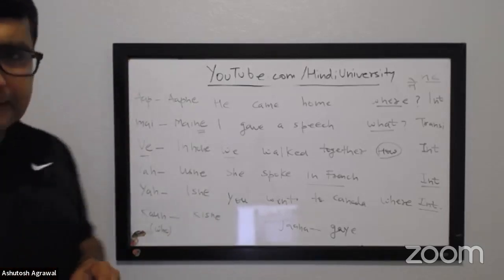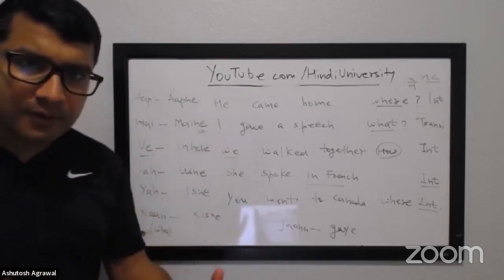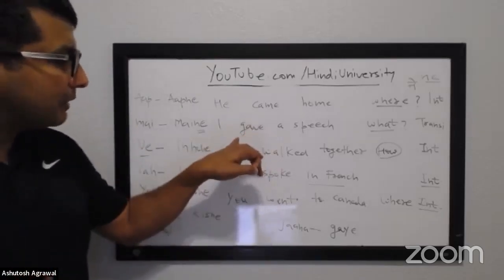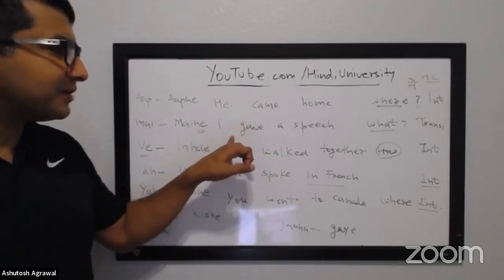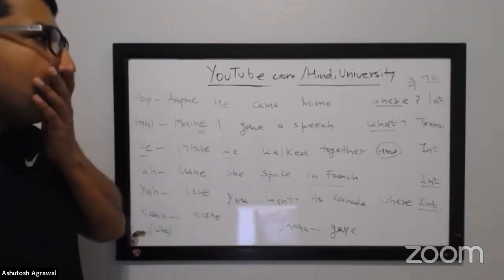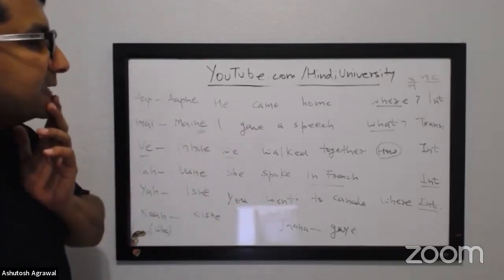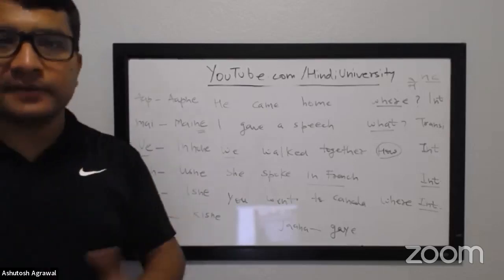So basically it's not difficult. What we are going over is we're just preparing for how to translate the other sentences that we have not done, which is the transitive sentence, I gave a speech, and then there's one more transitive one, or I ate pizza.